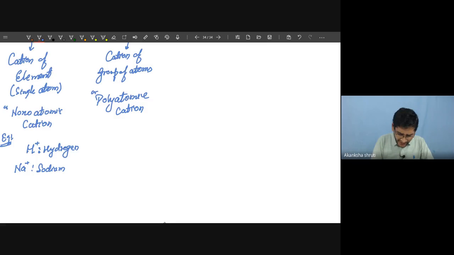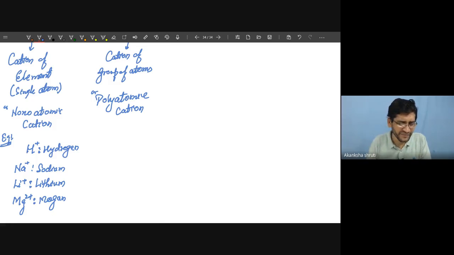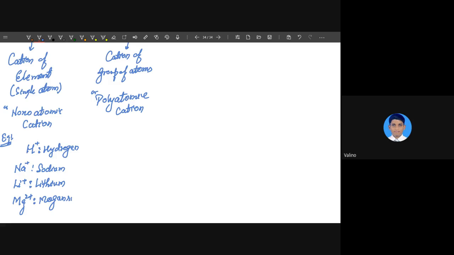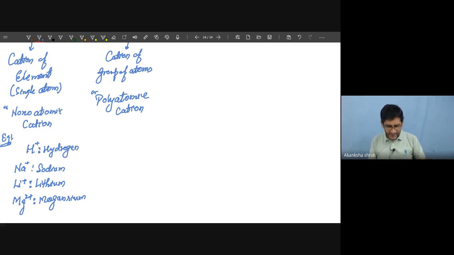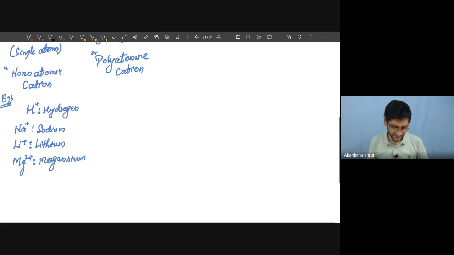We have also taken the other one, Li. Lithium exists as Li+. It is called lithium. Many more we have taken. Whatever +1, +2 we have taken, we can take this. How does magnesium exist? Mg2+. It is called magnesium.